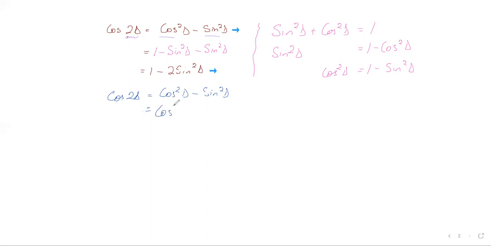This remains cos squared D minus the sine squared D, which is equal to 1 minus cos squared D. That will be removing the bracket.